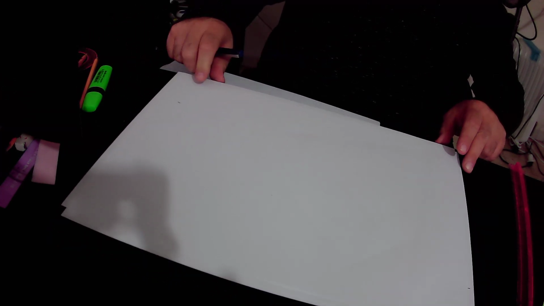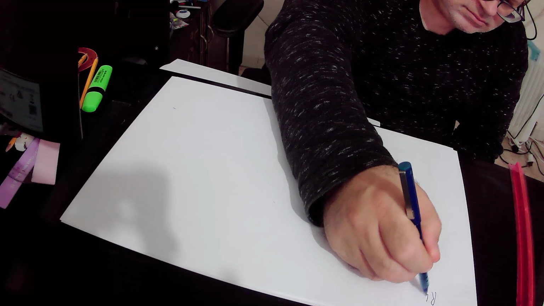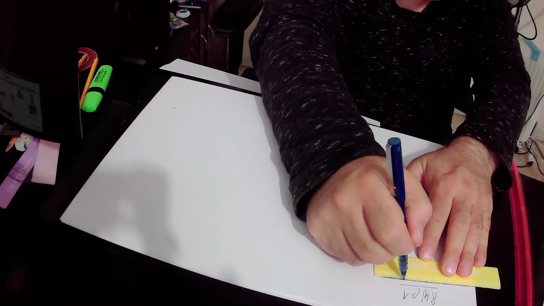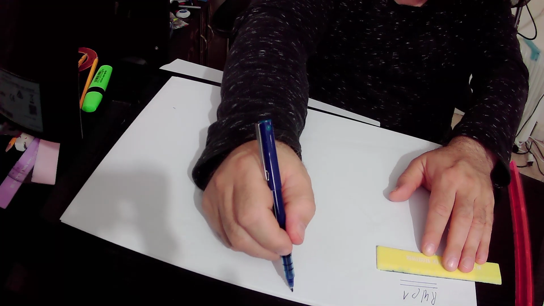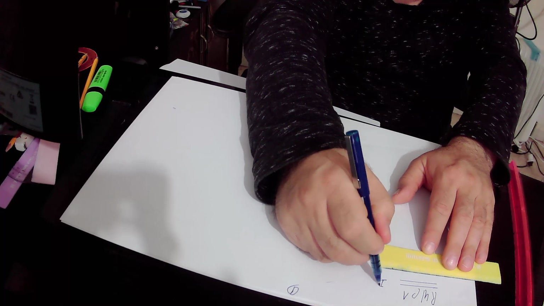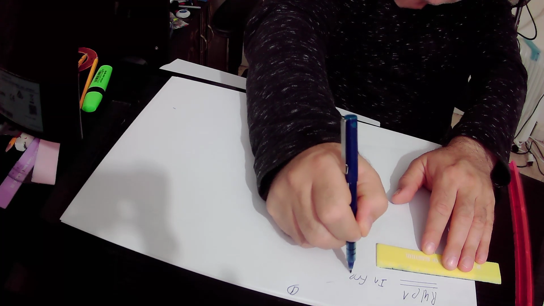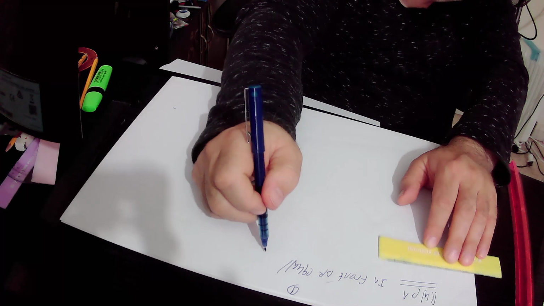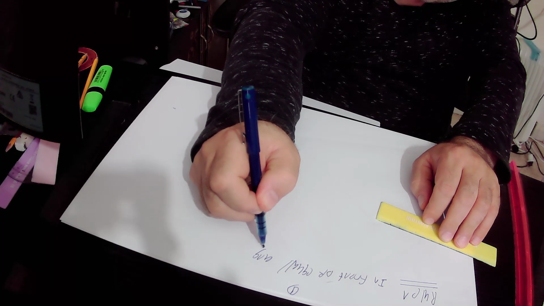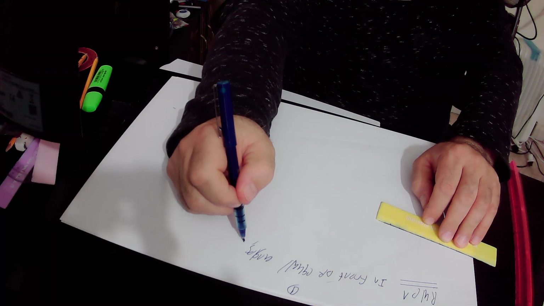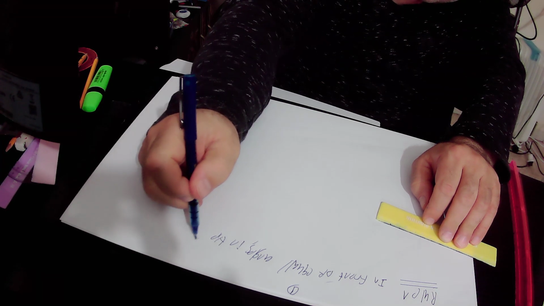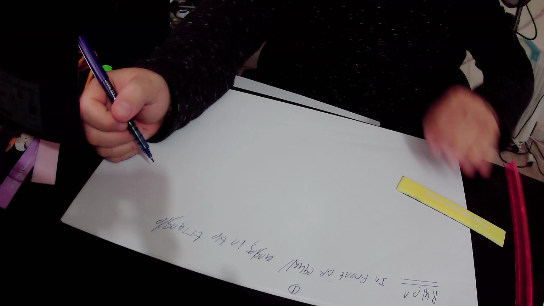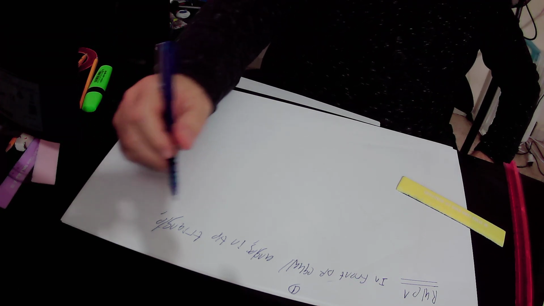According to rule number 1, in front of equal angles in a triangle, there are equal sides.